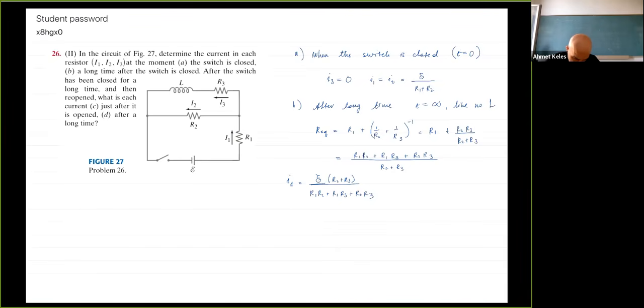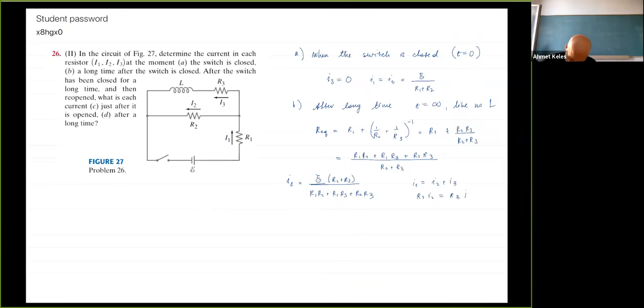And the currents between I2 and I3, okay, what do I know? I know Kirchhoff's law. I1 should be equal to I2 plus I3, and I also know R2 I2 should be equal to R3 I3.